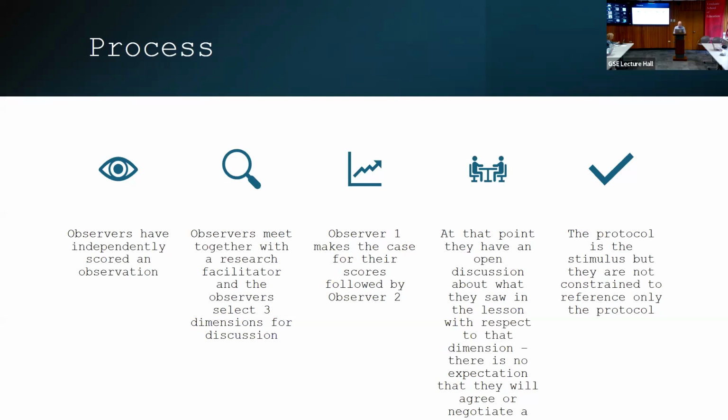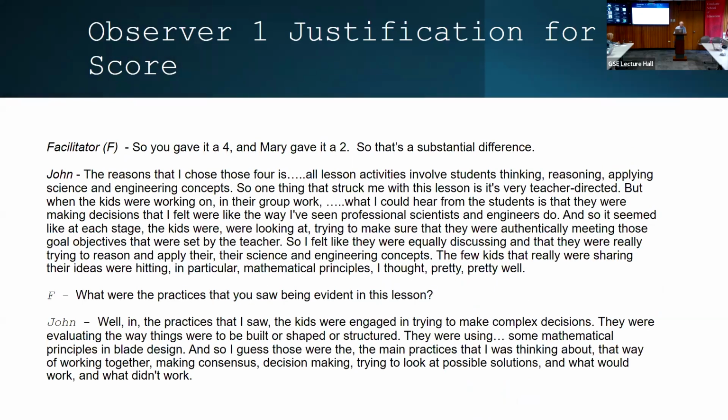So what I want to do is just show you a quick example, and we'll close with that, of what we did here. Here are two observers, John and Mary. One gave it a 4, one gave it a 2. This is on inquiry, on a lesson that is an engineering video.